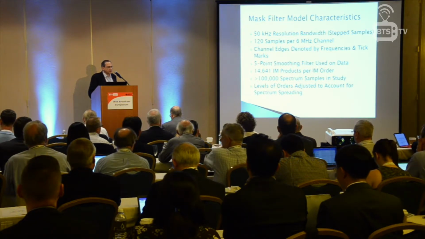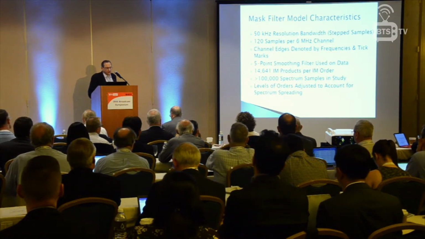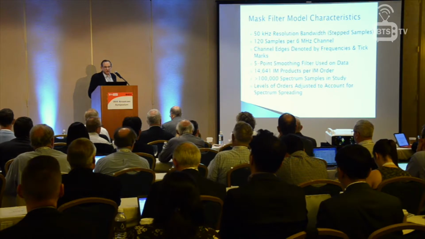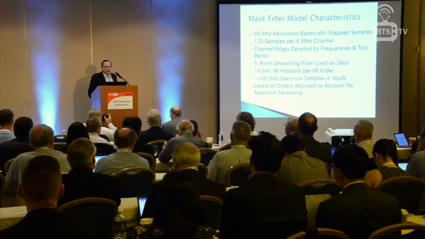So there are 50 kilohertz samples of the spectrum, and essentially looking at the power in those portions of the spectrum, and then looking at what happens to that power as we generate intermod products.